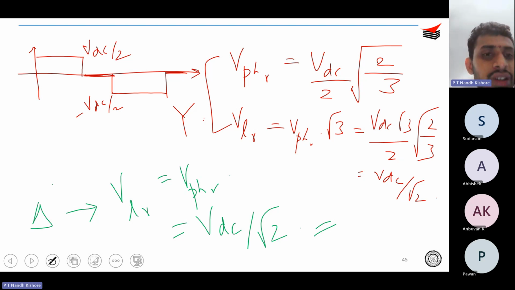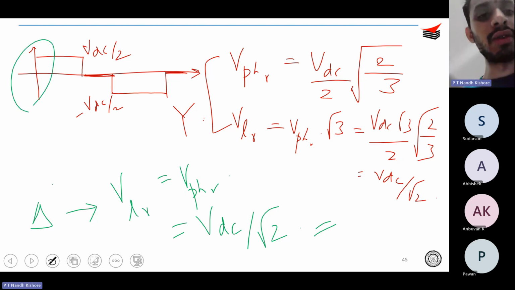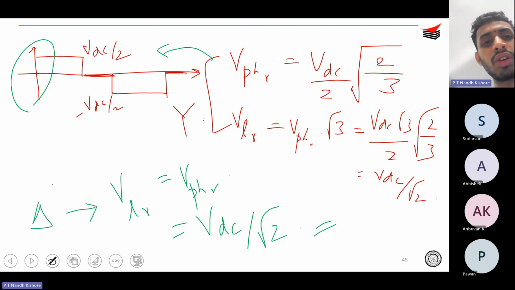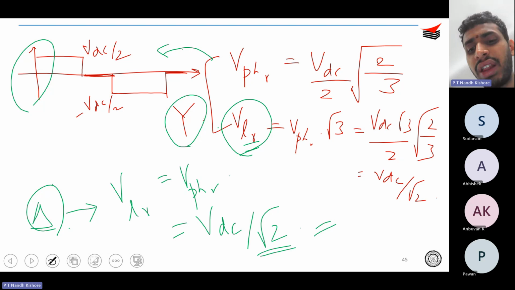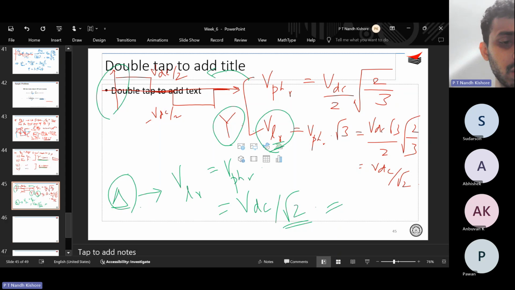If I know the line voltage for star, it's going to be the same for delta also, so it's again VDC over root 2. With this knowledge, you can go ahead and solve the question.